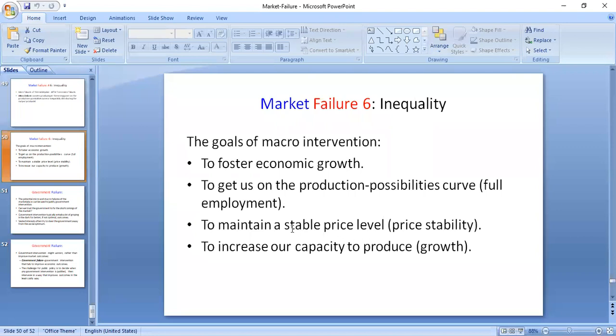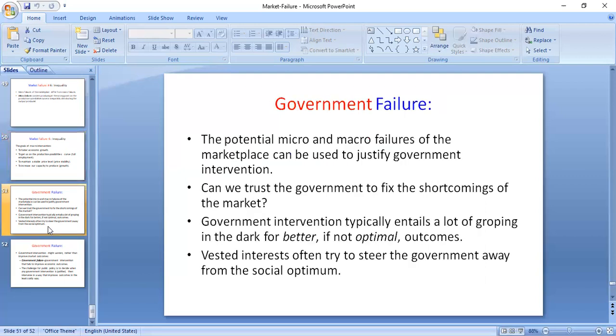Remember that with the presence of monopoly, the prices are high and the output is low. So when the government regulates and deregulates these monopolists, it is encouraging competition to bring down the prices and increase output. Then also, it wants to increase the capacity to produce.